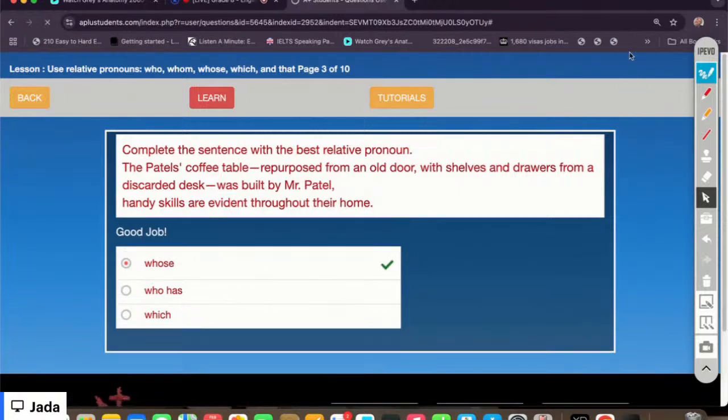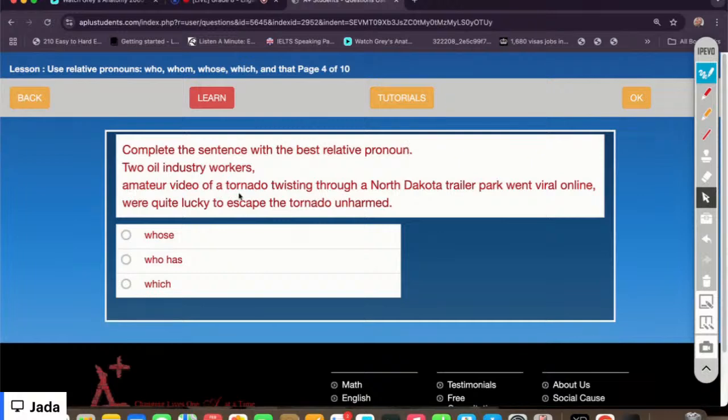Whose, like possession. Okay. So two industry workers dash amateur video of a tornado twisting through a North Dakota trailer park went viral online. We're quite lucky to escape the tornado unharmed.